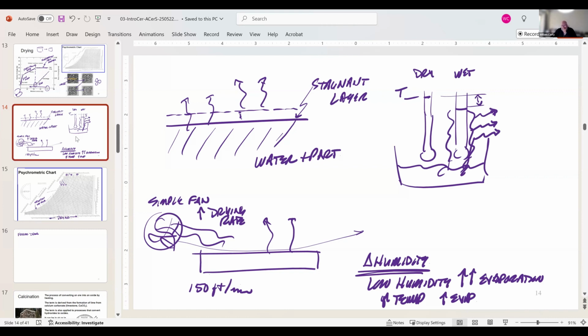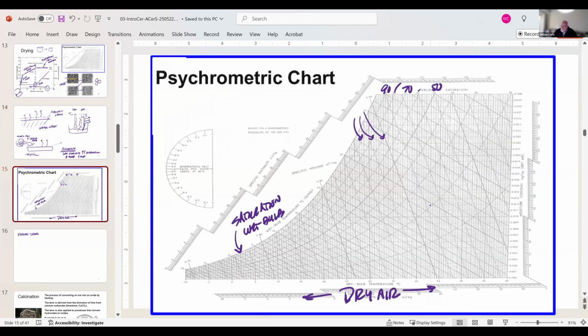The other thing to note is that this scale is the absolute humidity, or the moisture content in the air. Under ambient conditions, 100% relative humidity is about 2% water. What does that mean? That means there's a lot of water in the air.